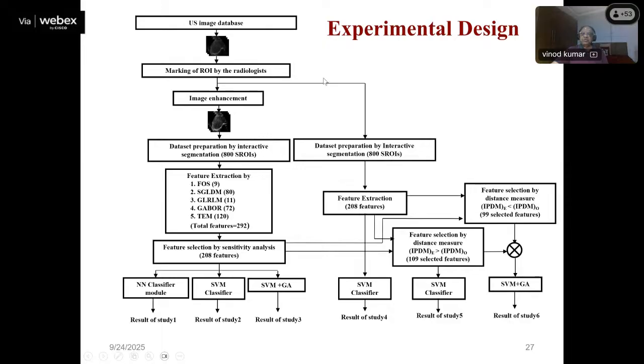So with my first PhD student, we made this experimental setup or experimental design. Ultrasound image, we created a database. We took ultrasound images from PGI Chandigarh. We selected the ROI, marking of ROI by radiologist.